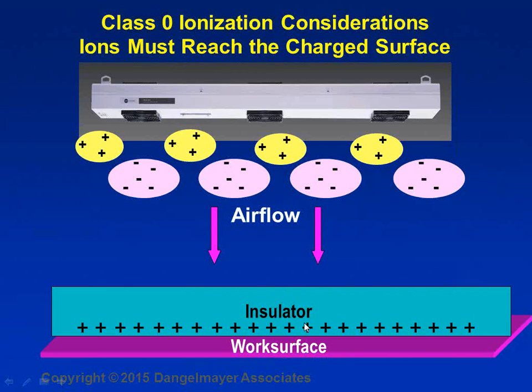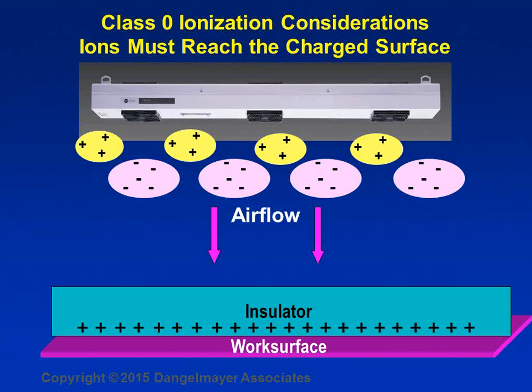The bottom surface of the insulator remains charged because the airflow can't get to it. Therefore, it is still charged, and depending on what happens next, able to introduce discharge stresses to your product.